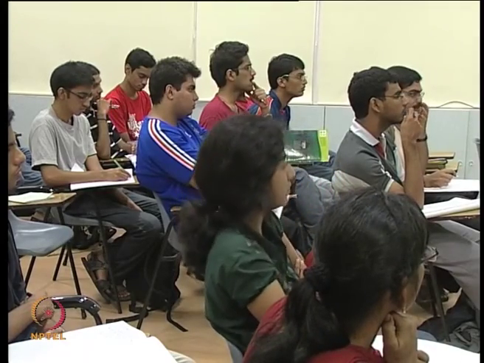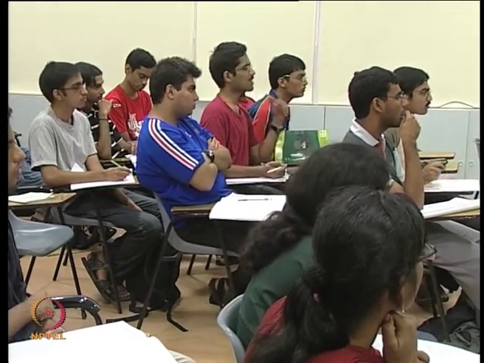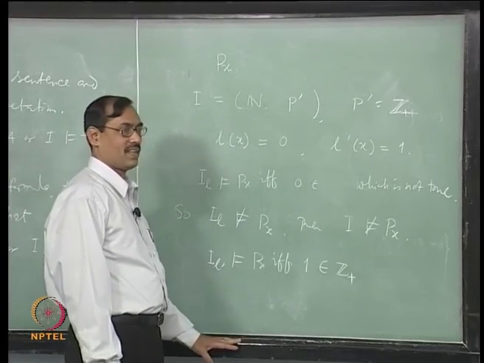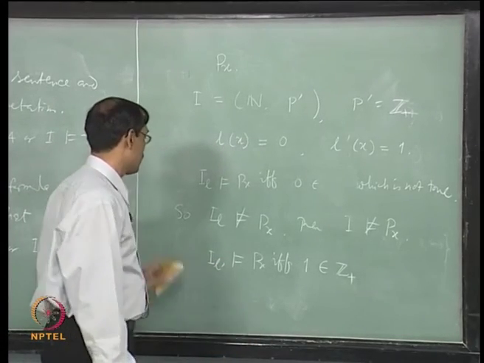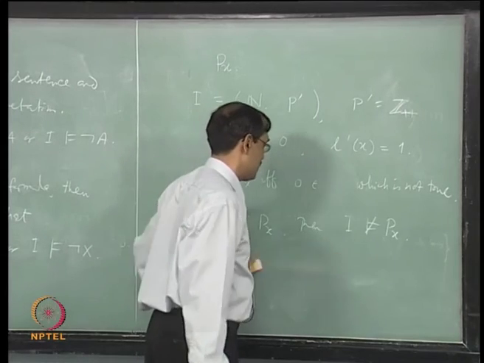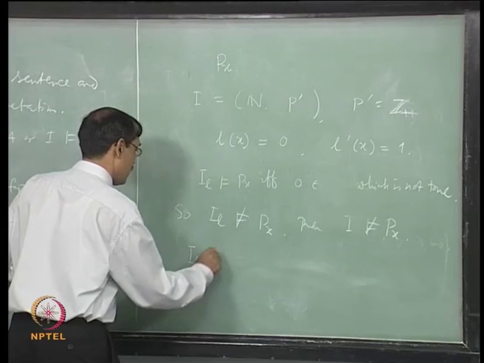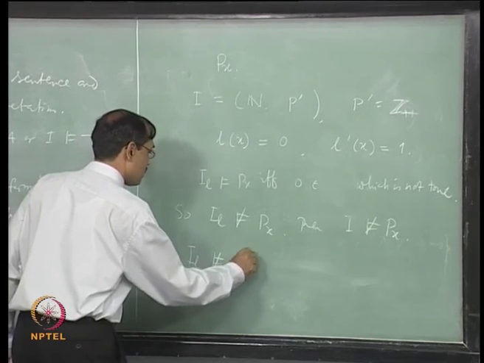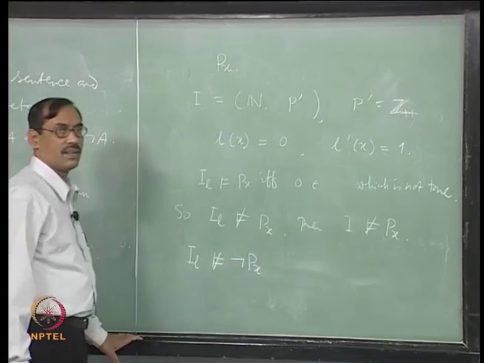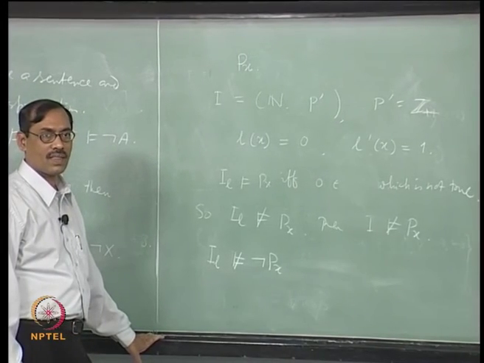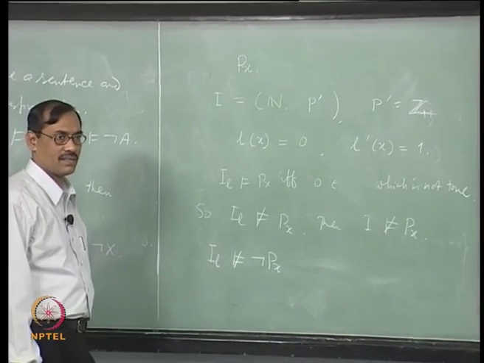But now we want this for not P x. So, let us try that way. We want to show I L does not satisfy not P x. This is what we want.